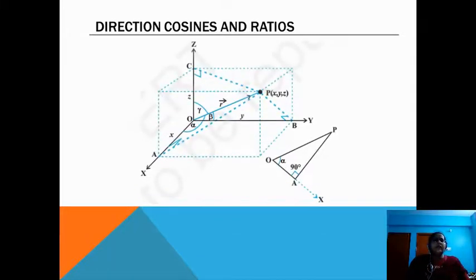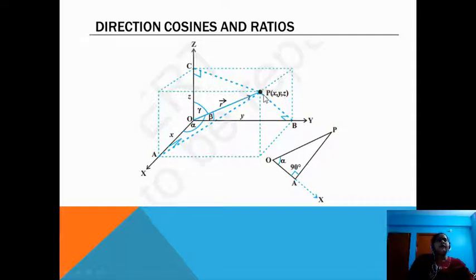So let us again take a three-dimensional coordinate system, and again OP is your position vector of the point P with respect to O, again denoted as R. Now one thing, the point P has the coordinates x, y, z. What does that mean?